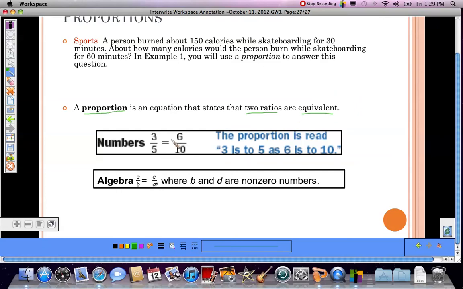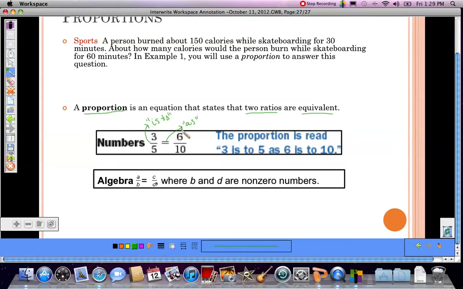Now, there's a special way that you say proportions, and the way you do this is anytime you see a fraction bar, you are going to use the words is to. Anytime you see an equal sign, you're going to use the word as.